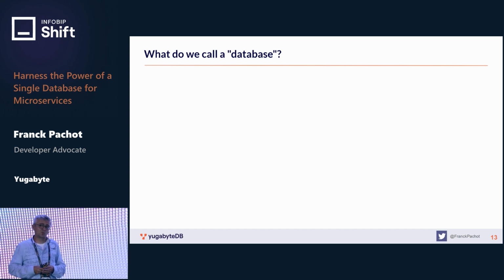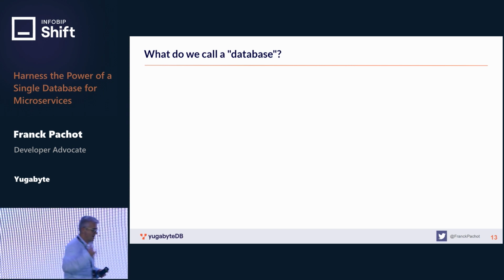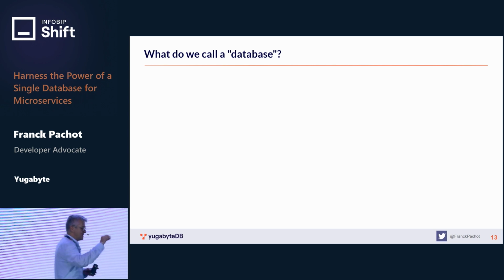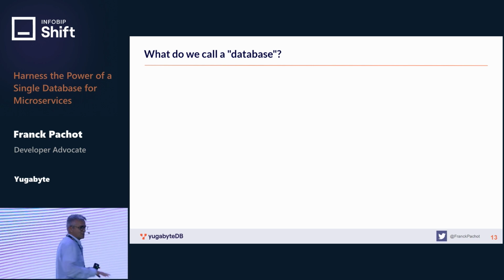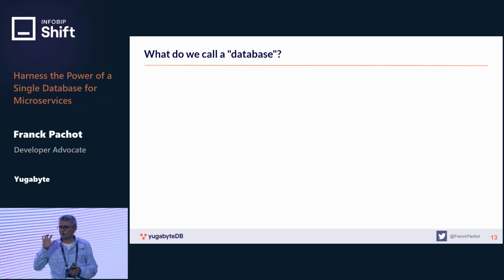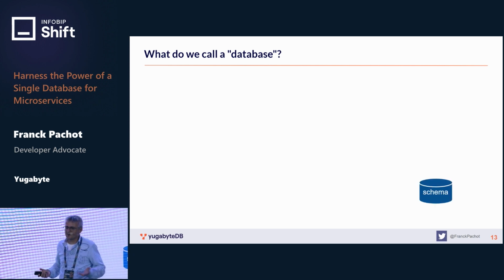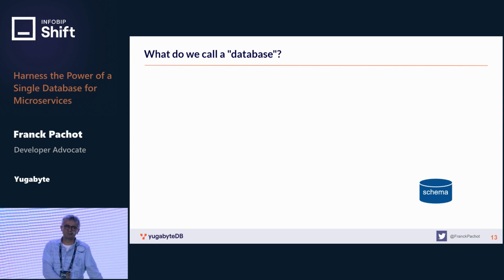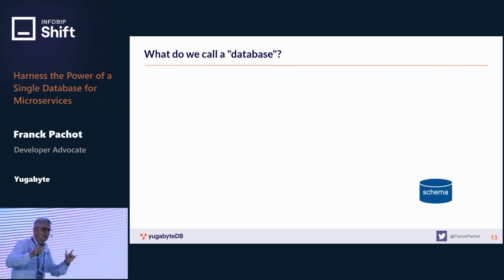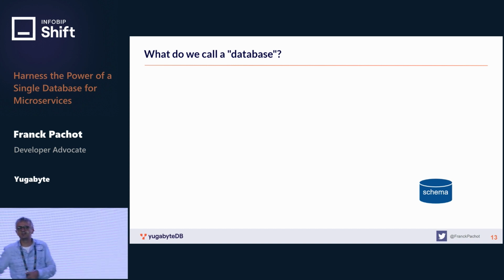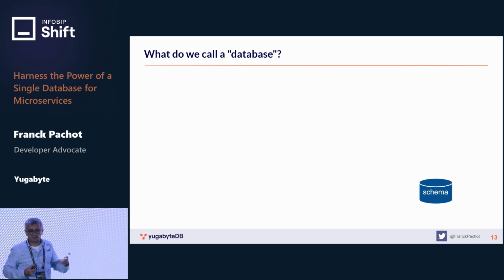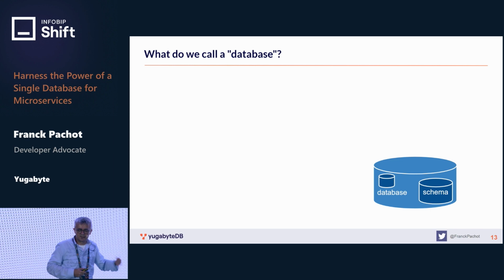But first, when someone tells me, I want one database per service, I've heard that a lot, but what people call a database can be very different things. A database can be a schema within a database, so a logical namespace where you put your tables and indexes. And some developers will call that a database.